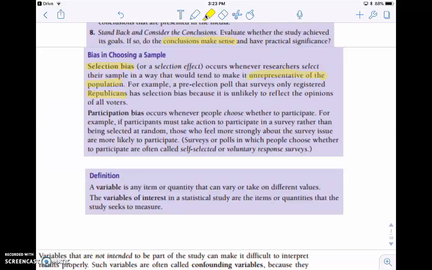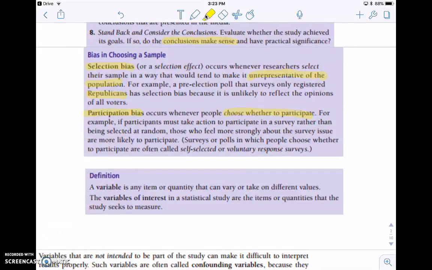Now, participation bias, this next one, occurs when people choose whether to participate. So, for example, participants must take action to participate in a survey rather than being selected randomly. Those who feel more strongly about the survey are more likely to participate. We see this in surveys on Google all the time, or other places where someone leaves a review, and a lot of times you'll see very positive reviews and very negative reviews, and then the middle is a little bit more sparse.